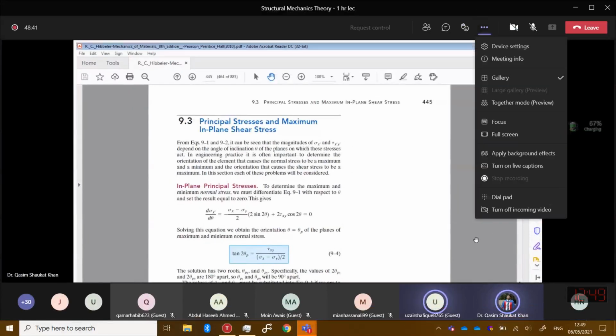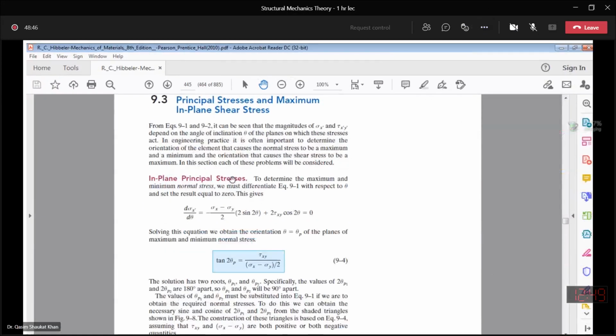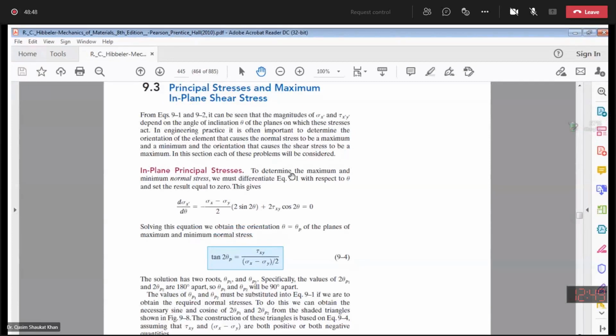Now, in plane principal stresses, to determine the maximum and minimum normal stresses, we must differentiate equation 9.1, which we have done, with respect to theta, and then set it equal to 0. Solving this equation, we will obtain the orientation theta p, to get the planes of maximum and minimum normal stress.